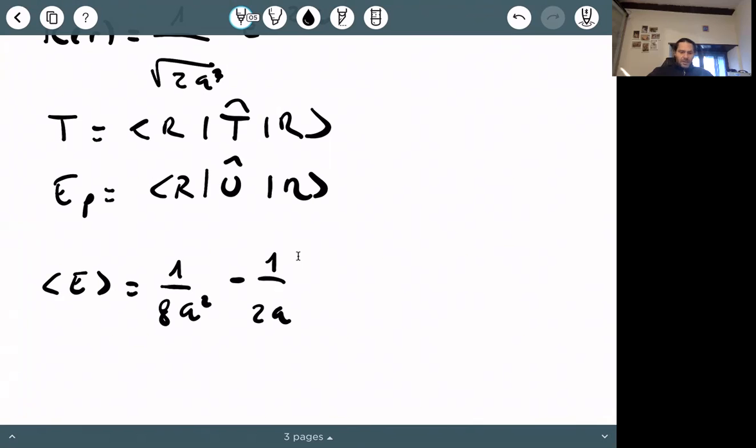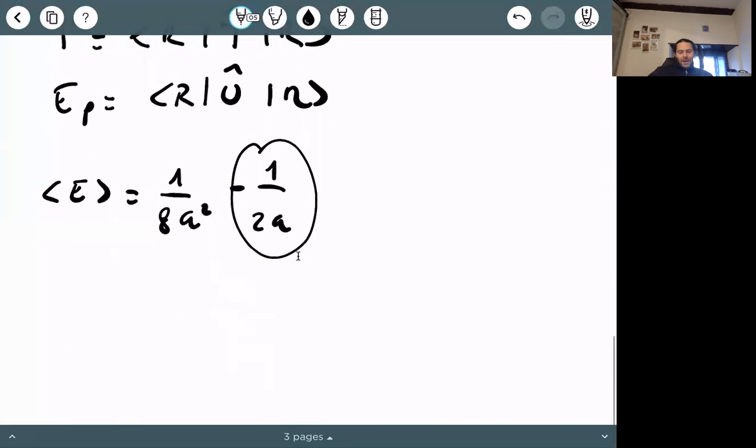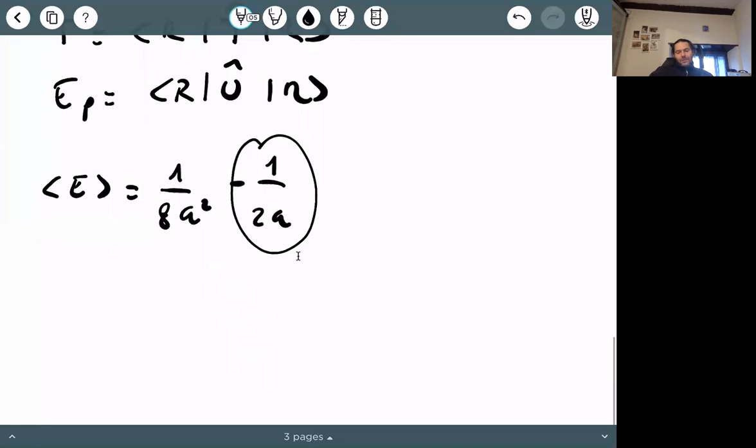It is interesting, nevertheless, that the potential energy has a structure that says, okay, if a is the typical distance of the electron from the center of the nucleus, then the typical potential energy is of the order of 1 over a, since the potential energy is 1 over r. That's why you get something like 1/(2a). It's not a proof, it's just that it makes sense.